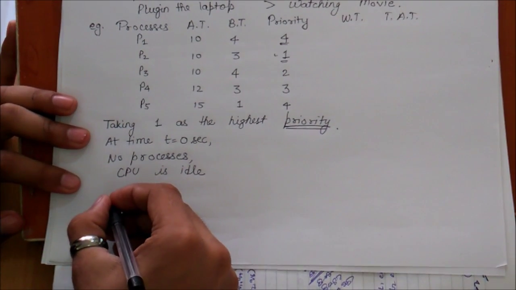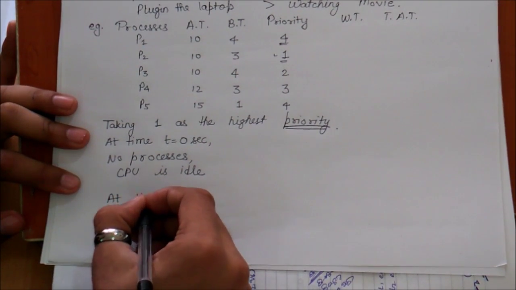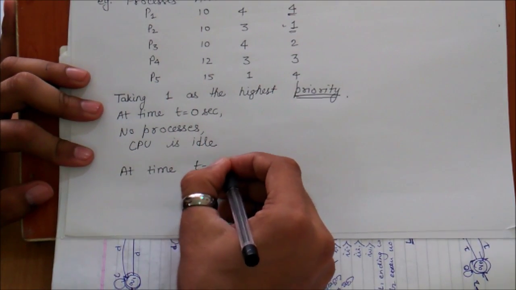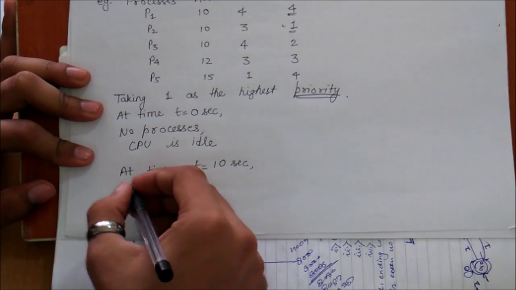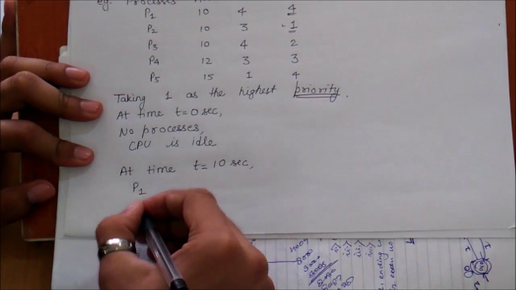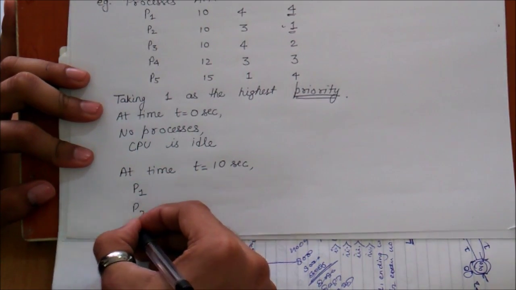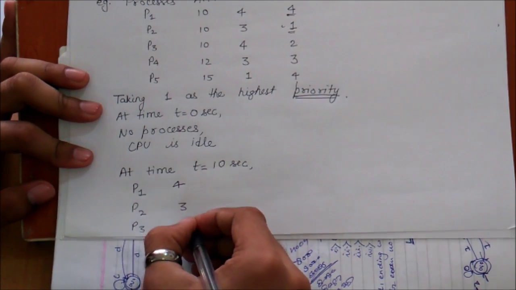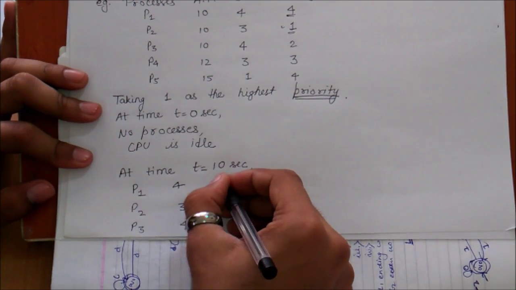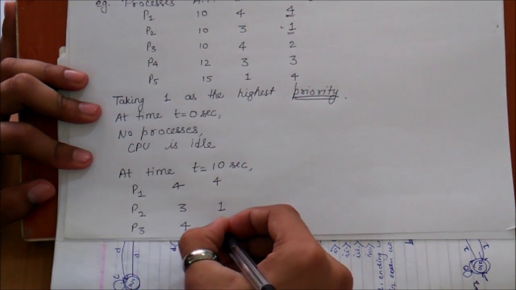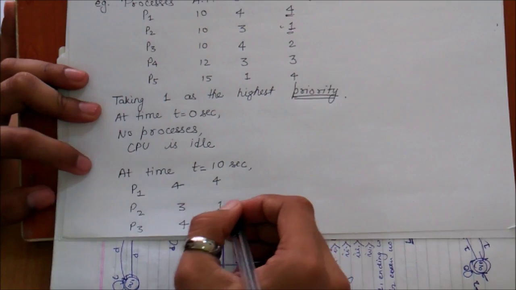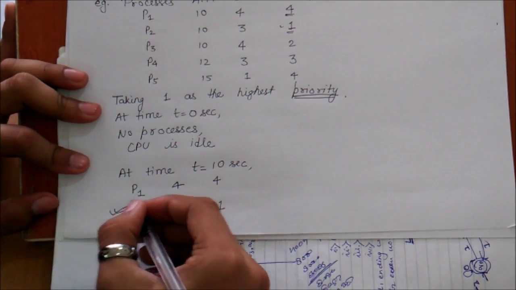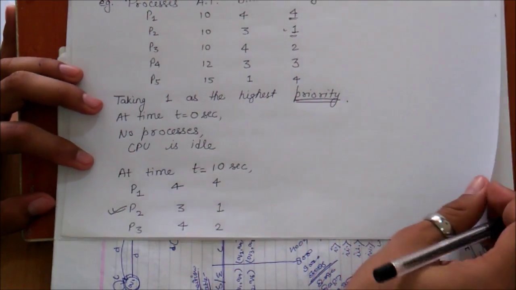Now at time t equal to 10 seconds, we have 3 processes, namely P1, P2 and P3, which have the burst times 4, 3 and 4 and the priorities 4, 1 and 2. We see from here that P2 is assigned the highest priority as it has priority 1.